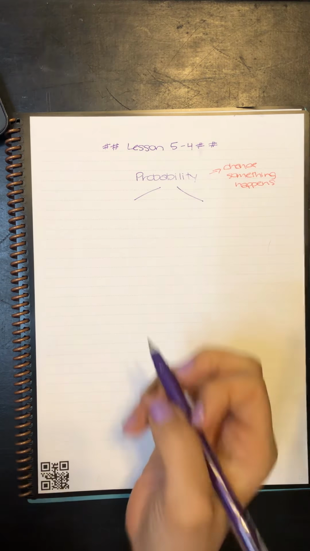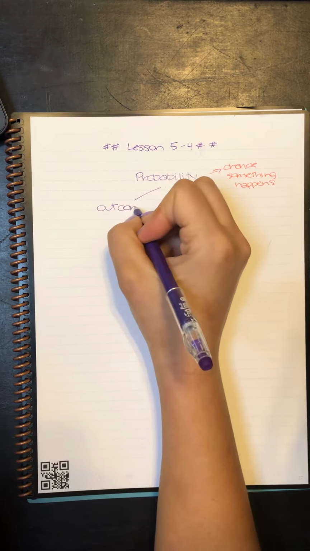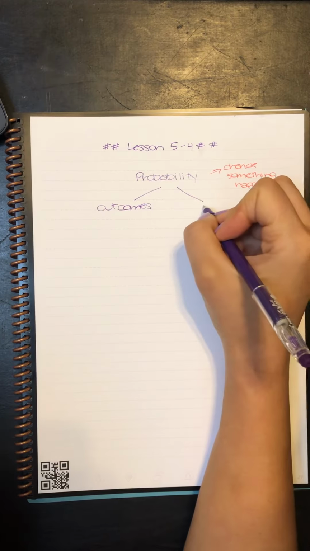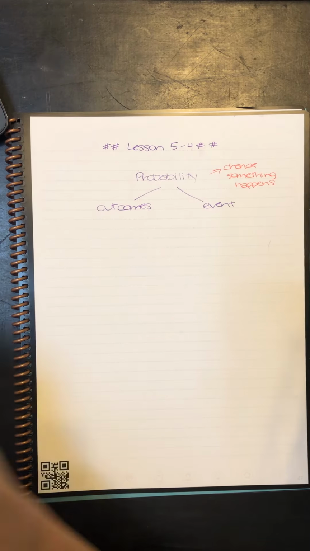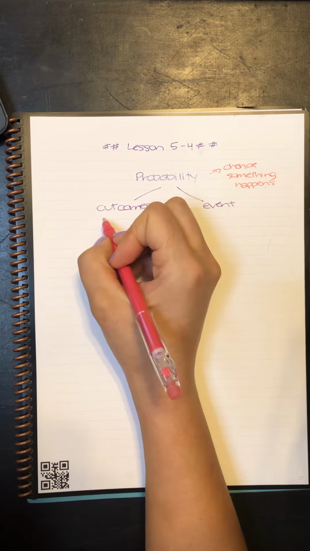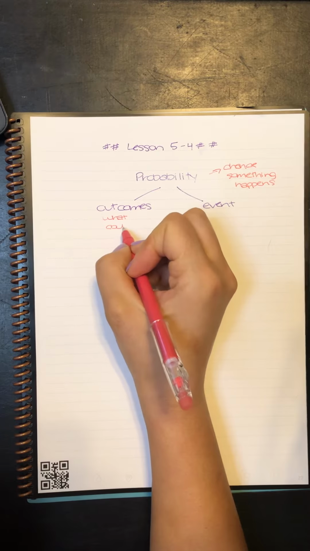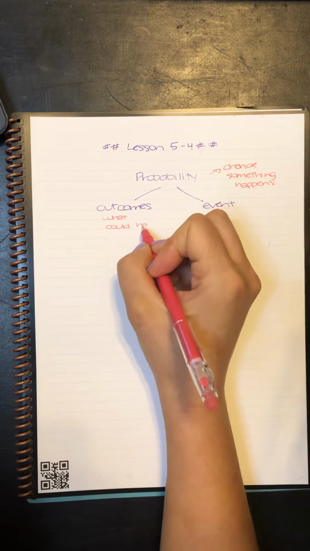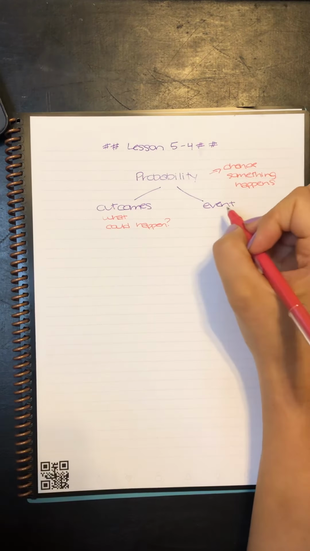And the first 2 terms that we want to know about are outcomes and events. Outcomes tell us the total number of things that could happen, versus the event is what actually happens or what I want to happen.